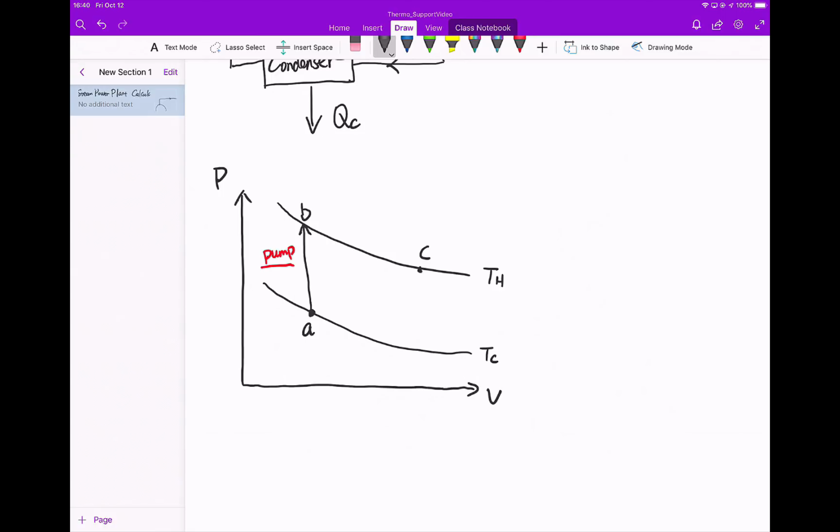So this is isothermal expansion, and that unit is the boiler. And then moving from C to state D, I'm having the adiabatic expansion, which is carried out in a turbine. And then D to A, back to the start, would be in my condenser.